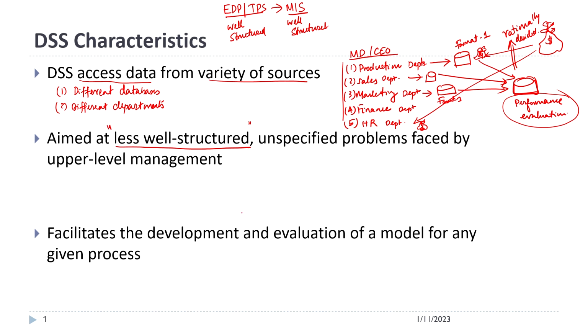And the problem is mostly unspecified, in the sense that the details are not well spelled out. You do not know the exact details of it, or not all aspects are clearly mentioned. The upper level management typically faces this issue because their problems are less well structured and very unspecified, since the details are not spelled out.